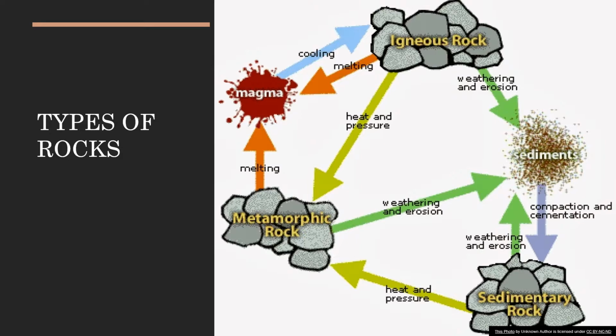And since sedimentary rock is formed by a bunch of different little pieces of rock coming together, you can usually see different types of rock in it. It's not going to look like one solid smooth rock. There's usually little pieces in it.